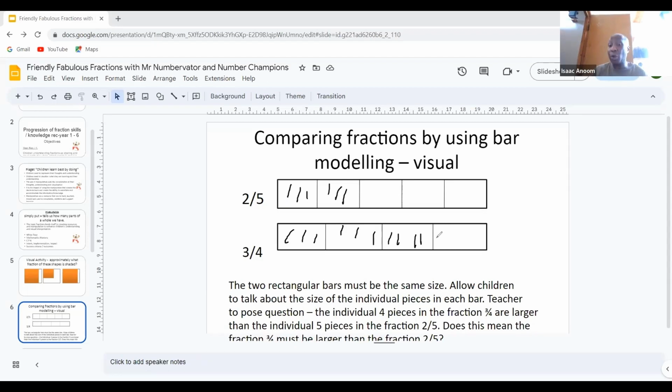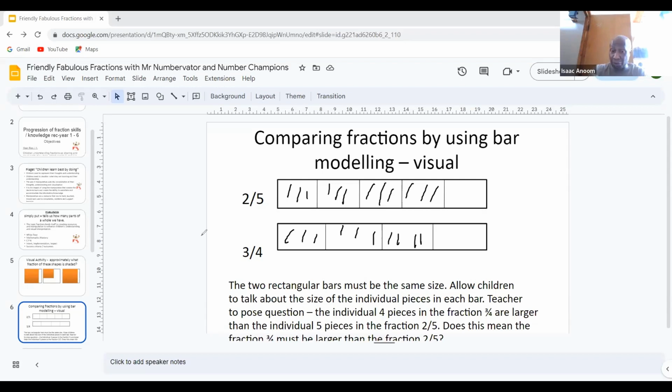Some children are going to say that 3/4 is larger, bigger than 2/5, because the pieces are bigger, the slices are bigger. But if I was to shade in like this and ask the children which fraction is bigger, 4/5 or 3/4, then something else has to come into play.